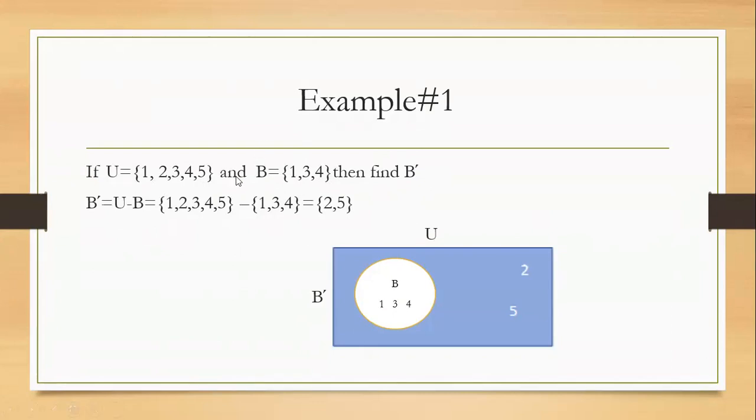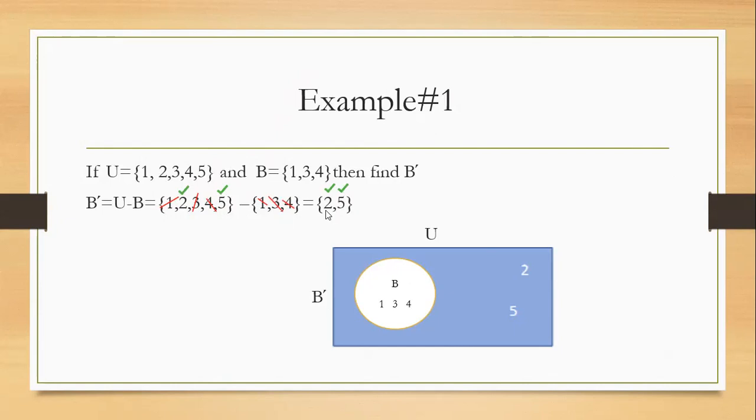First, cut down the common elements. Common elements are 1, 3, and 4. And write the remaining elements of set U. Now in set U, you can see that we get the answer 2 and 5. So the answer is 2 and 5.